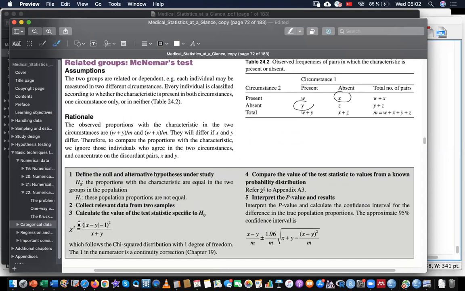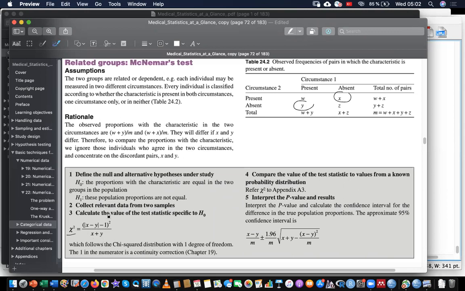Therefore, the formula of the McNemar test, by the way, McNemar calculates the chi-square value. It's based on the chi-square distribution. The formula, as you see, is the absolute value of x minus y, squared, divided by x plus y.